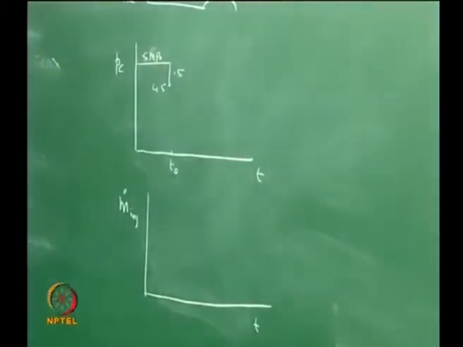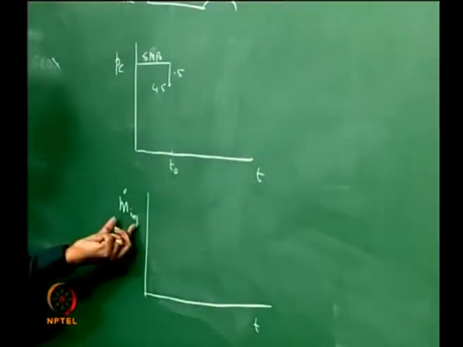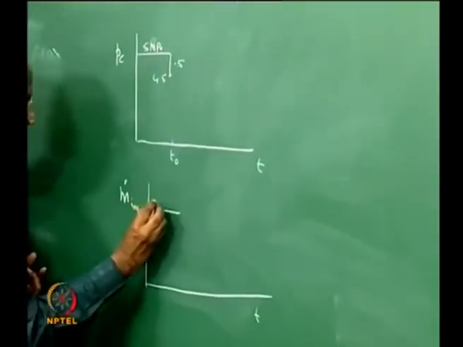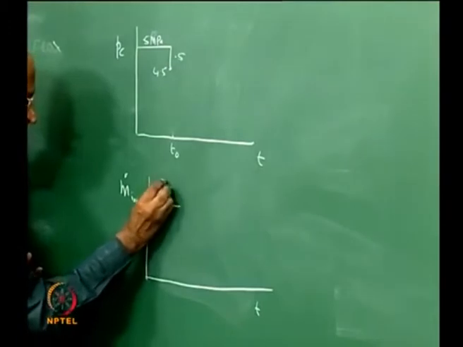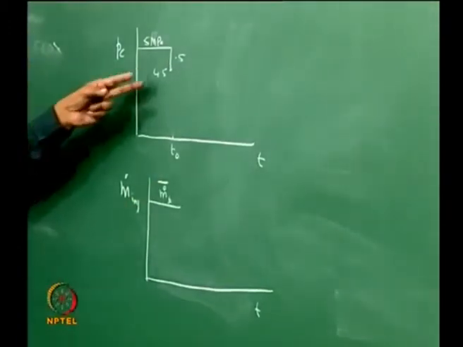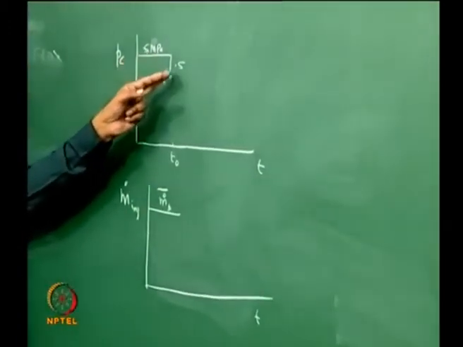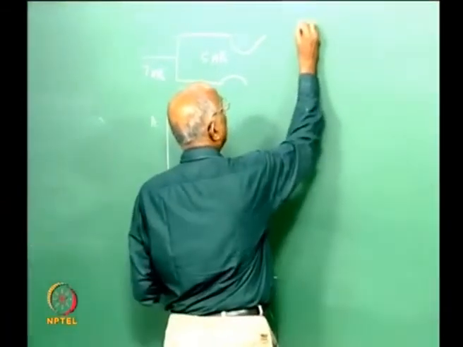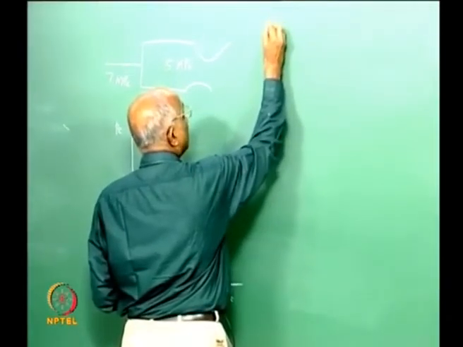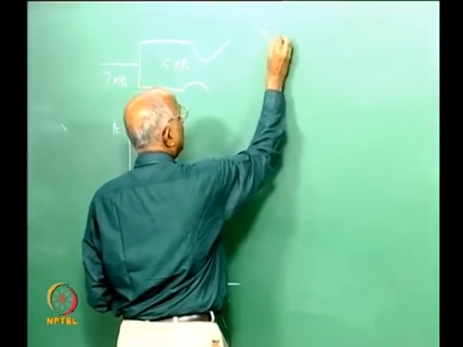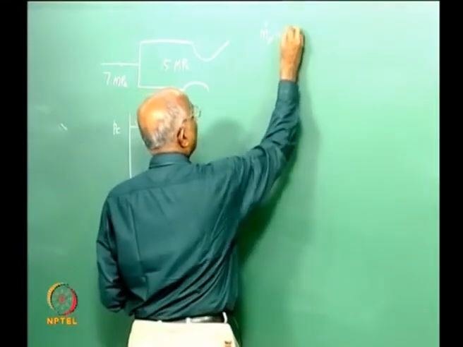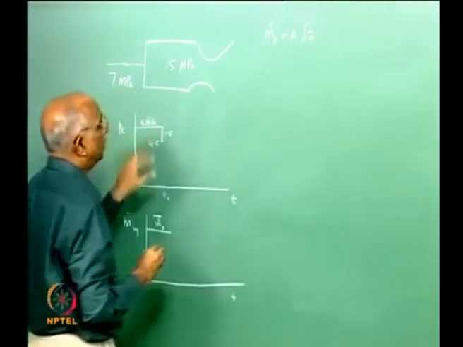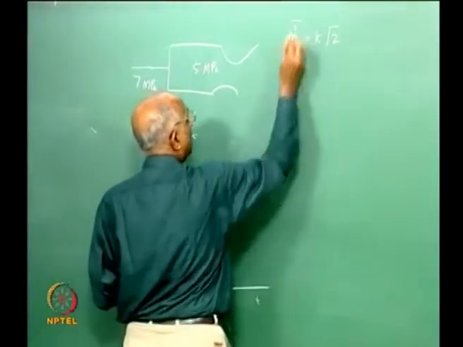Now what is going to happen in this case? What is going to be the change? Let us say corresponding to 5 MPa I have a steady value of m dot p. Now I have reduced the chamber pressure from 5 to 4.5, and therefore I use this space to work out. Under steady conditions m dot p is k root 2, and this is the steady value.